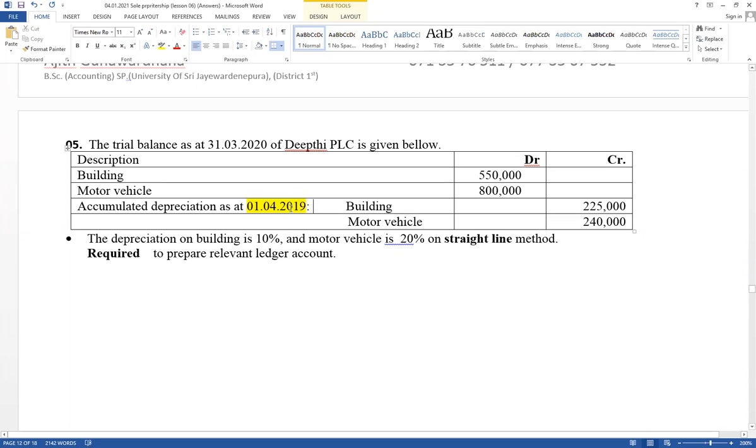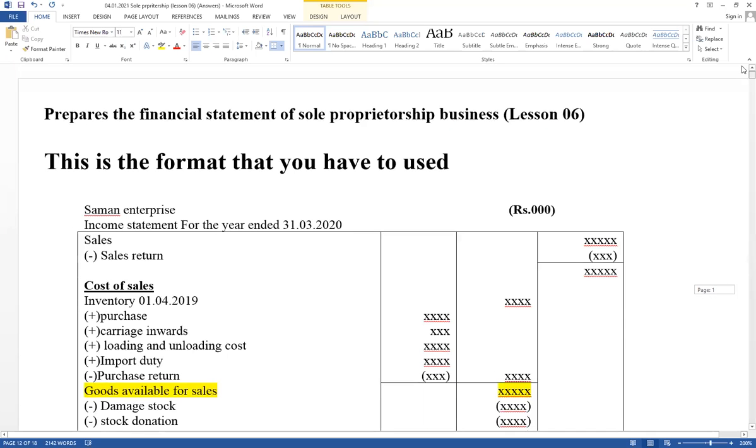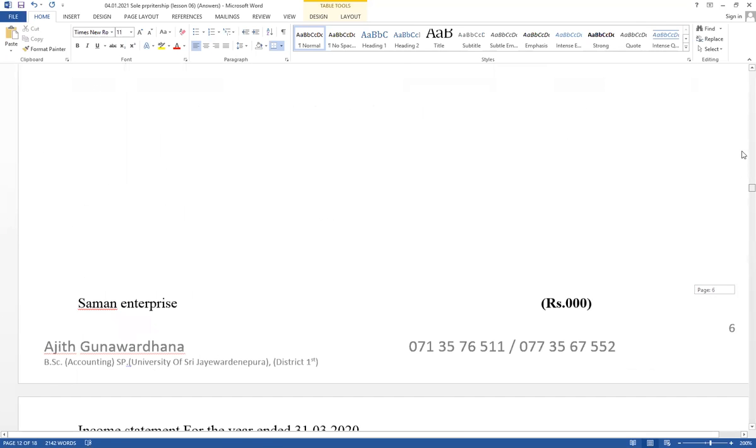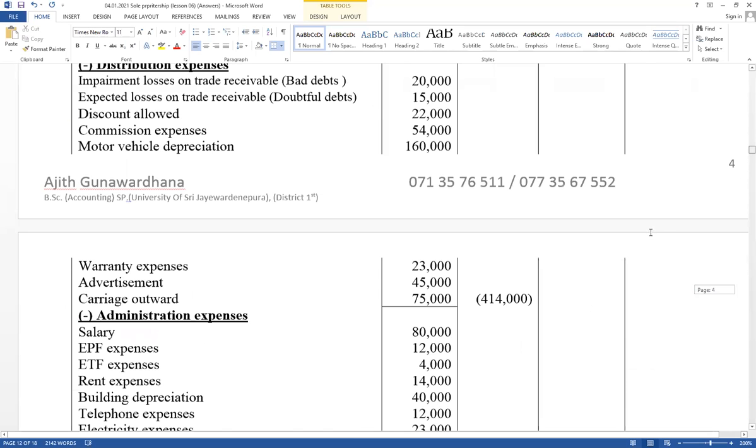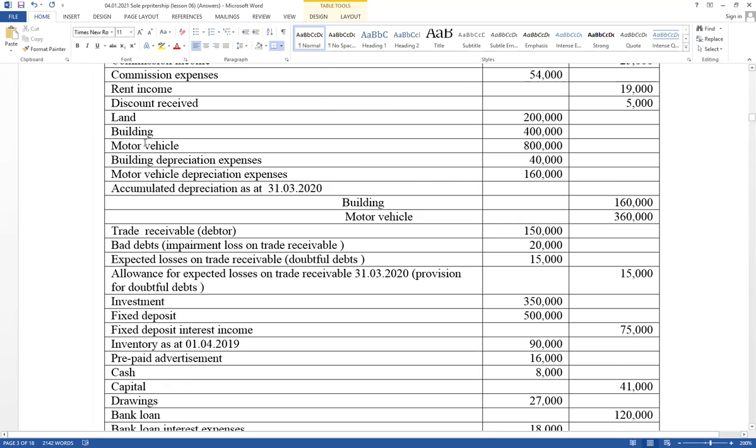Look at the question we prepared today. It has given accumulated depreciation as the closing balance, and the trial balance has the depreciation expense account also. Think about this example. Trial balance, think about it. This part is very important.